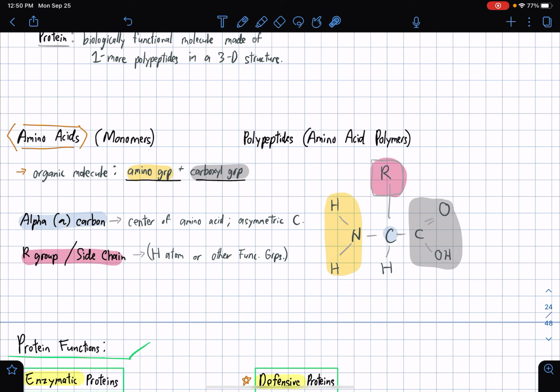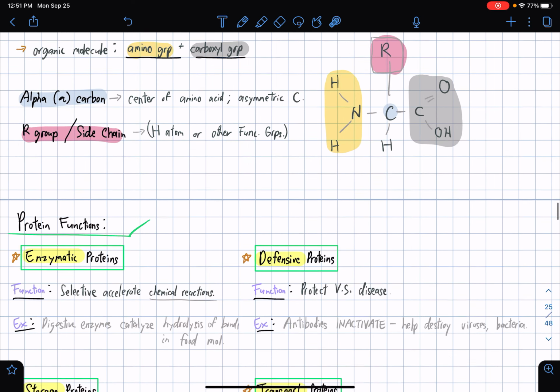So the organic molecule is basically an amino group plus a carboxyl group. The amino group is this one, NH2, basically consisting of a nitrogen atom. The carboxyl group is this one. We have an alpha carbon, which is the center of the amino acid, the asymmetric C, and the R group or the side chain. It's either a hydrogen atom or another functional group.